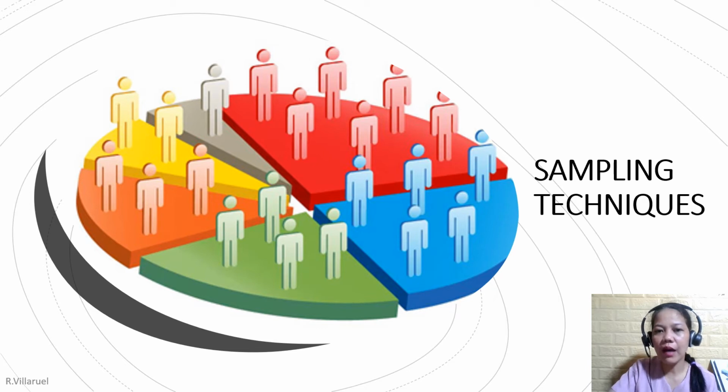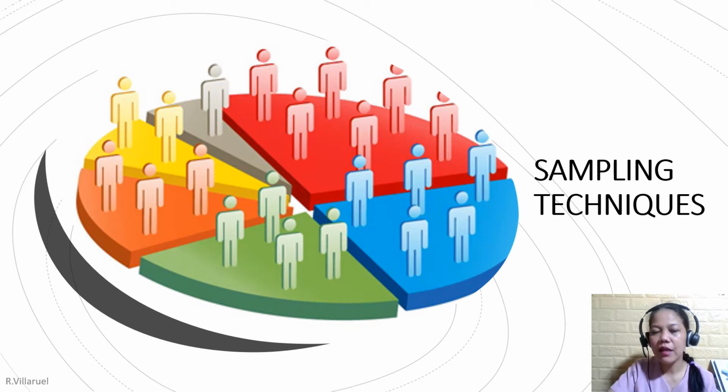So, when we talk about sampling, it is a technique of selecting a subgroup of people from a population so that the result with that subgroup may be generalized to the entire population. So basically, since we are dealing with quantitative research design, so it means we can just get a sample, and whatever the result of that sample, it can be generalized to the whole population.